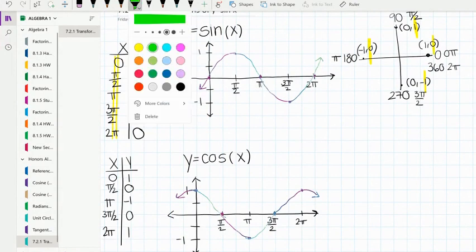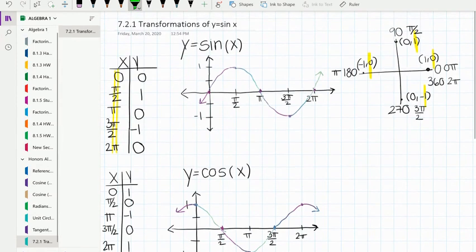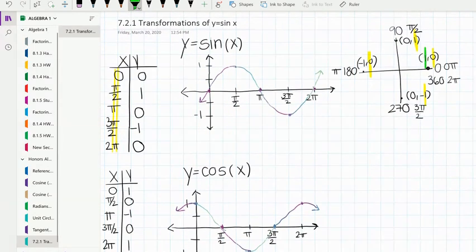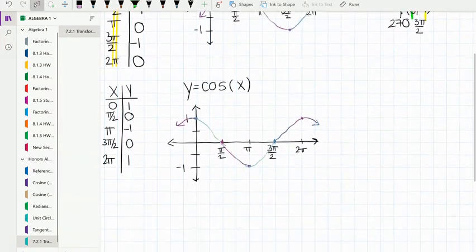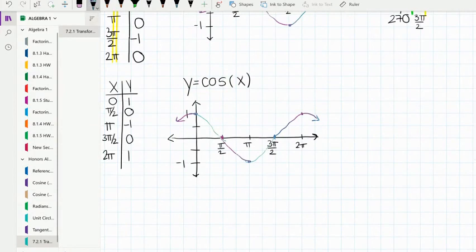So I use the same x values, but to get my outputs, we look at those x values on the unit circle. So that would be 1, 0, -1, 0, 1. And the reason I have these parent functions here is because we're going to be doing transformations, so I want us to be able to refer back to what the originals looked like.